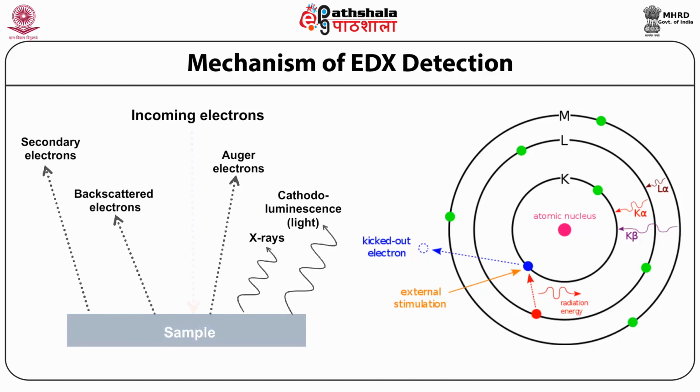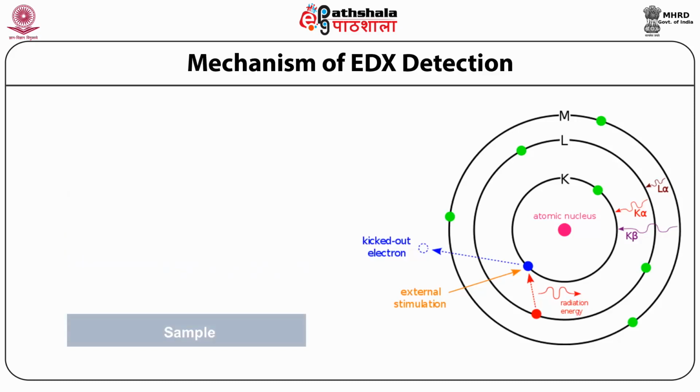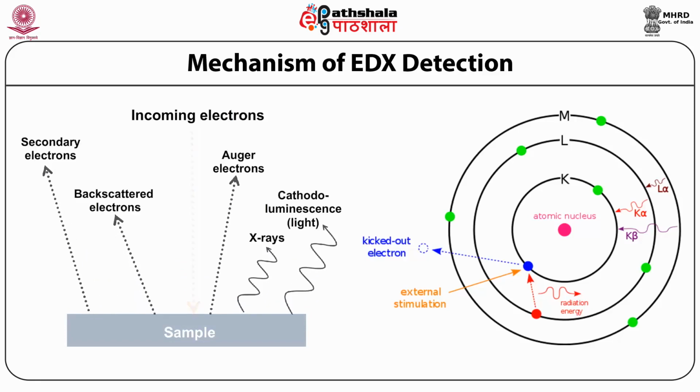In the case of EDAX, when a radiation or beam hits an atom, it ejects inner shell electrons to vacuum or to higher levels. In this process, another electron from an upper shell takes the position of the hole created by the ejection of the first electron.